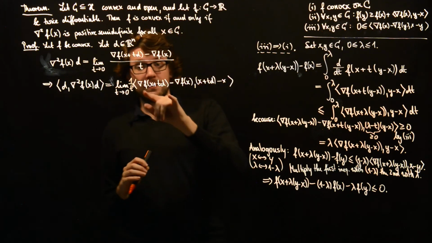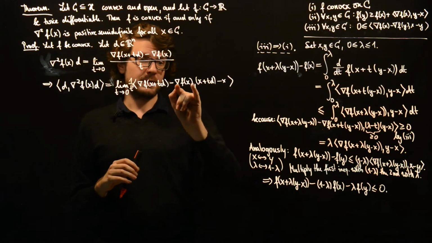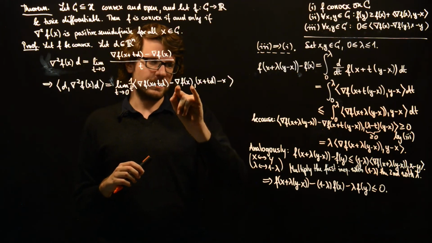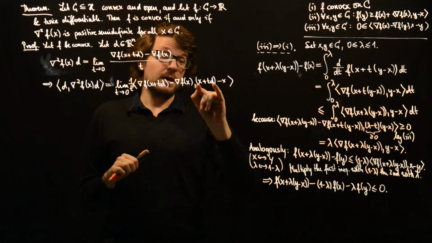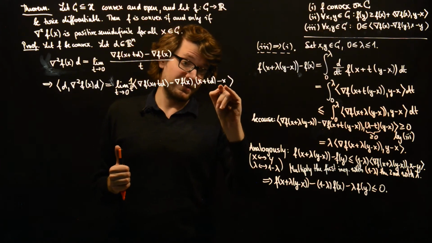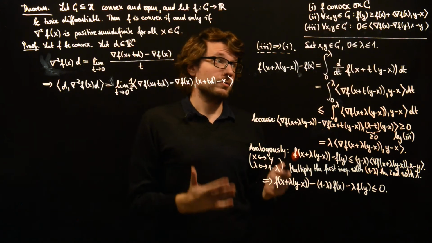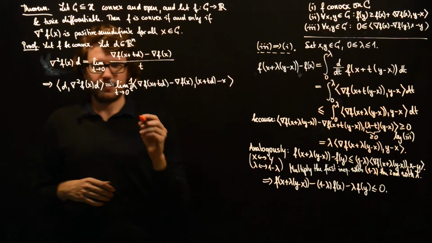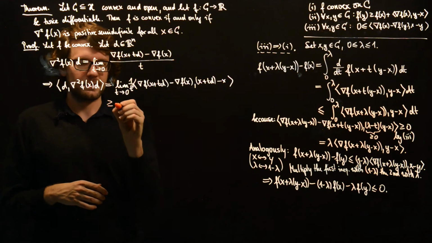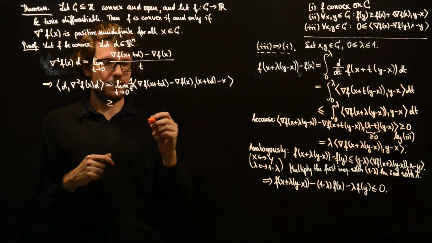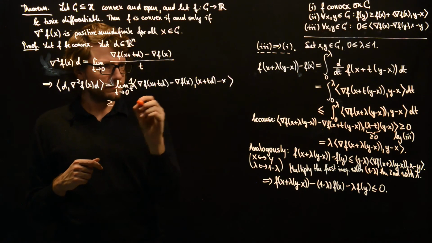And now we see here gradient of something minus gradient of a different thing in the inner product with something minus the different thing. And this is again our monotonicity property, which shows us that this is greater or equal than 0.